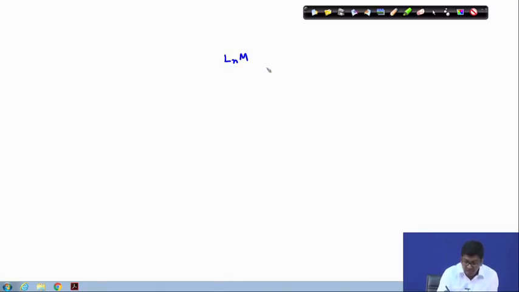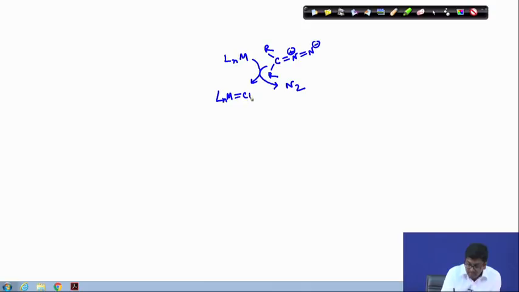So, if we have this metal complex and if we have this carbene precursor, let us say here it is a diazo group. Now, this can easily liberate the nitrogen. And if it liberates nitrogen, what will it form?